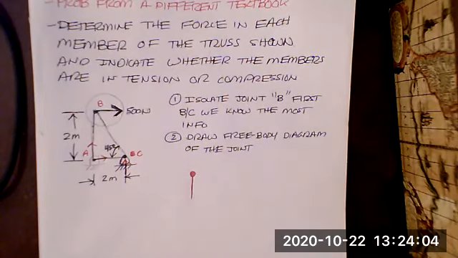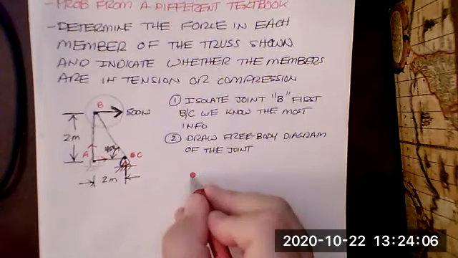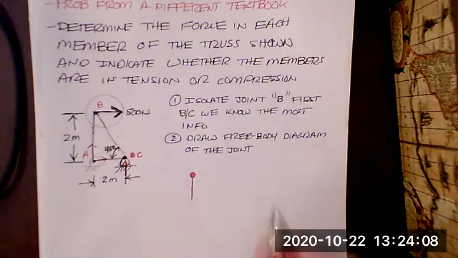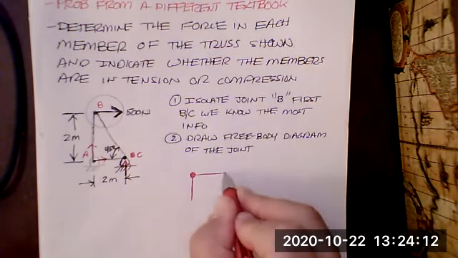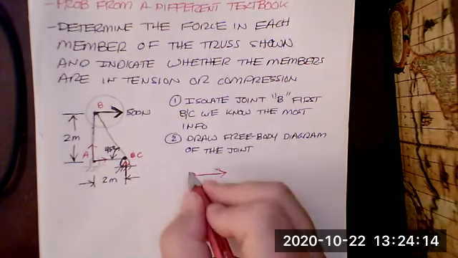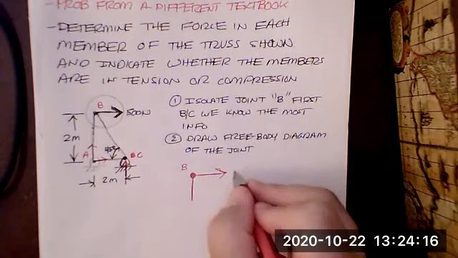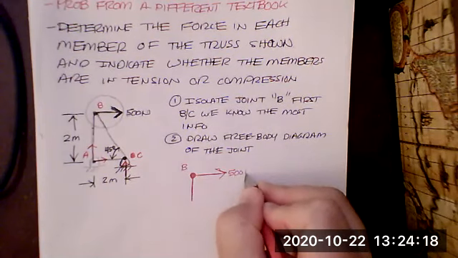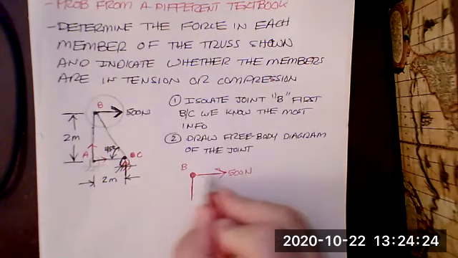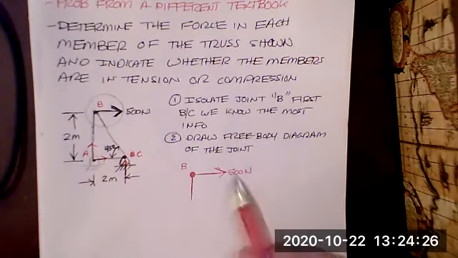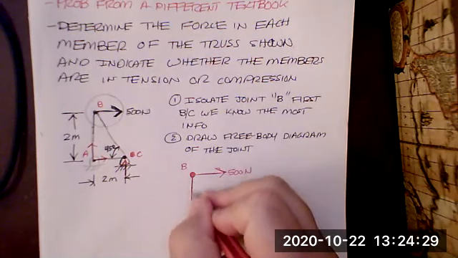That's my joint. I'm concerned about what's going on at the joint. So basically, I have a 500 Newton force. This is B. 500 Newton force pulling this way. So it's pulling here. So I'm going to assume this one's in tension.